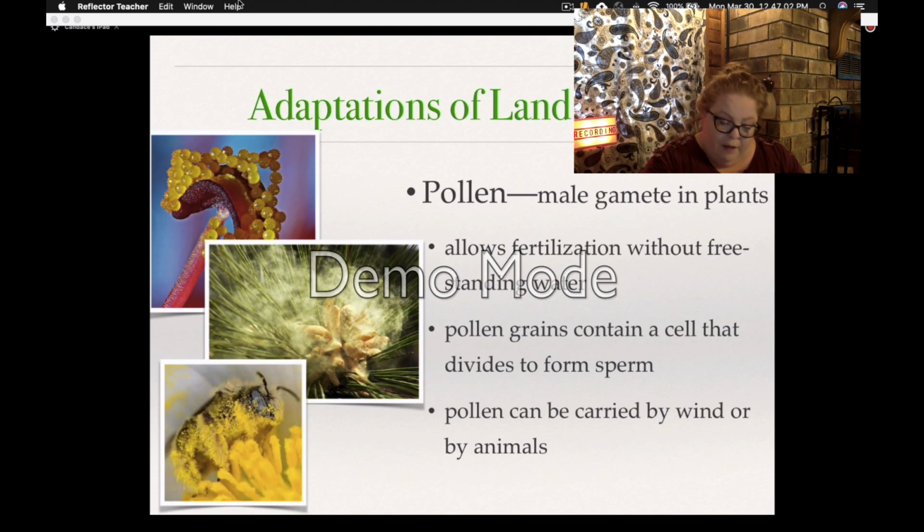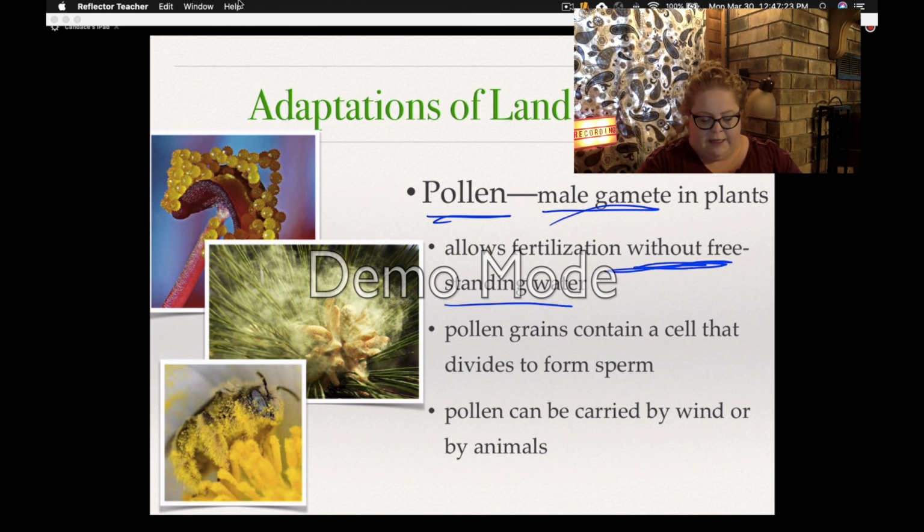All right. So pollen is the male gamete of plants. Inside the pollen, there are cells that divide and essentially produce sperm. So more or less, pollen is a plant sperm container. And so this is where we get to have fertilization without freestanding water.